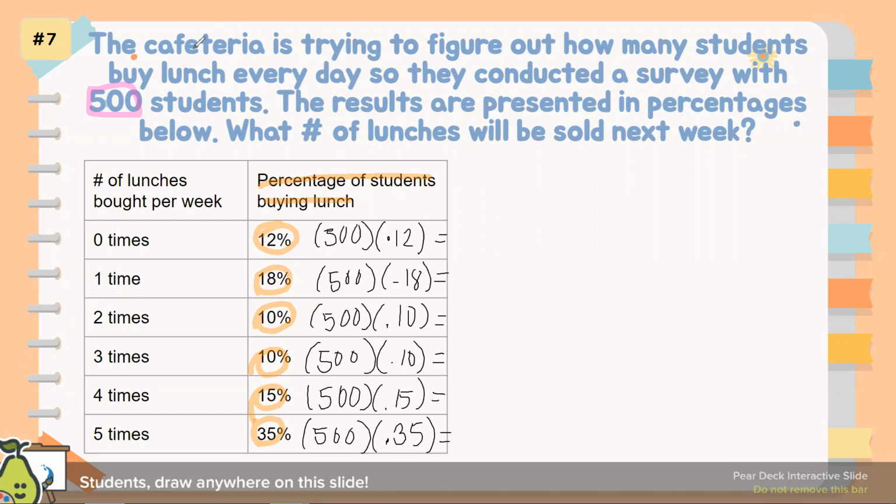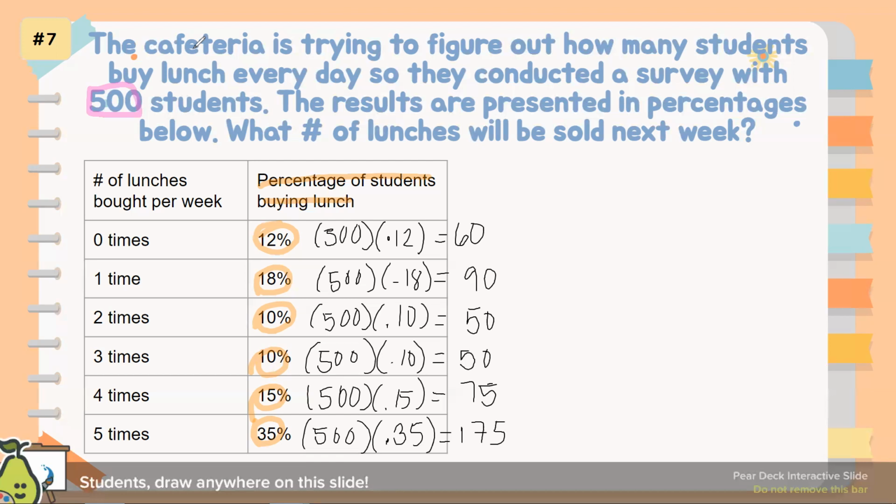So if we do that, 500 times 0.12 gives us 60, so 60 students. 500 times 0.18 gives us 90 students. 500 times 0.10 gives us 50 students. Another 50 students. 500 times 15% is 75 students. 500 times 35% is 175 students.